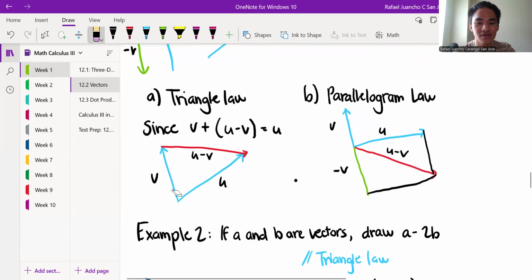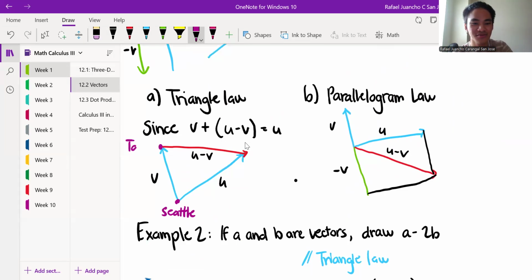Right? So we have v plus this u minus v. So here's how we do it. We have v plus u minus v is basically u. So if this again were Seattle, and then what was my Tacoma, and then this were Bothell. Right? It's the same idea.